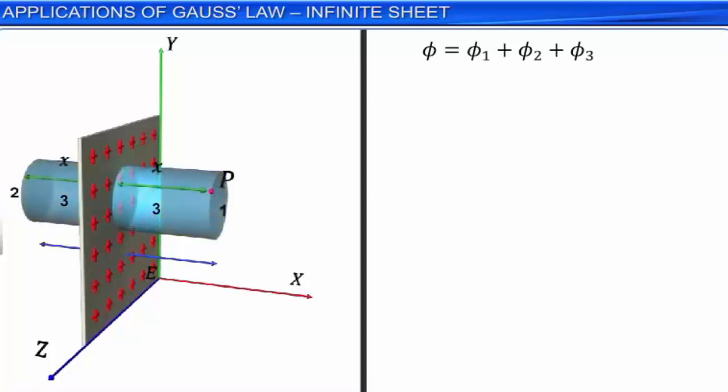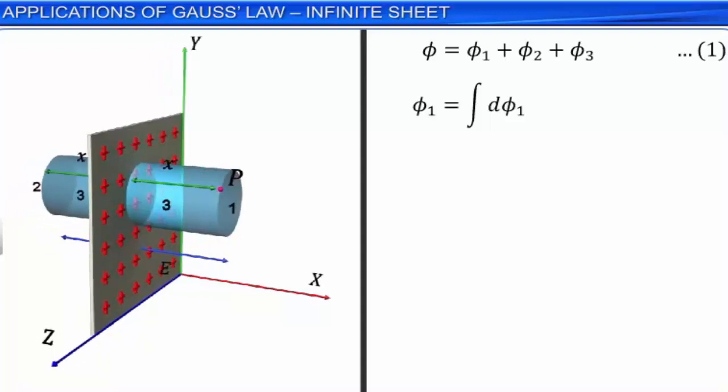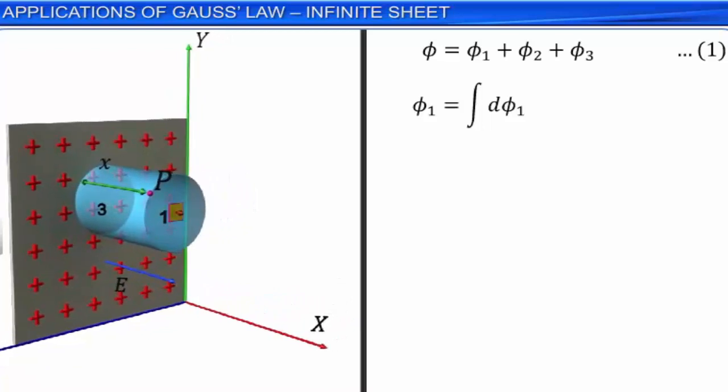Let us first calculate the electric flux, phi 1, through surface 1. According to Gauss law, we can write phi 1 equal to integral d phi 1. Here, d phi 1 is the electric flux through a small element of area dA on surface 1. d phi 1 is equal to E dot dA, where E is the electric field strength at the local element considered, and dA is the area vector with respect to the local element considered.